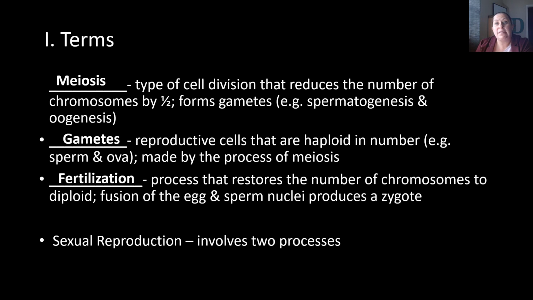They produce a cell called a zygote, which is again a 2N cell, where half the chromosomes came from the sperm and half came from the egg. This process of meiosis and fertilization is known as sexual reproduction. So sexual reproduction has to involve the two processes of meiosis and fertilization.